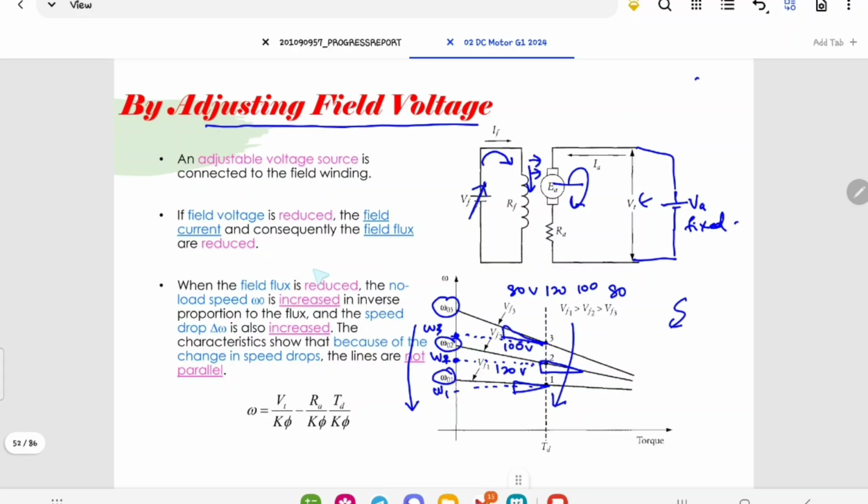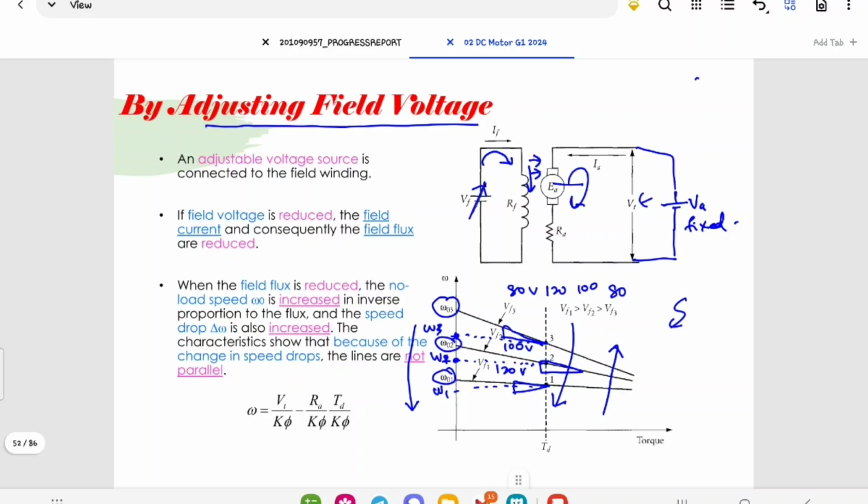But if you read it from the aspect of field flux, when the field flux is reduced, meaning you go from 120 to 100 to 80, it reduces. The no load speed will increase in inverse proportion to the flux, and the speed drop is also increased. It is the same statement, but explained differently.